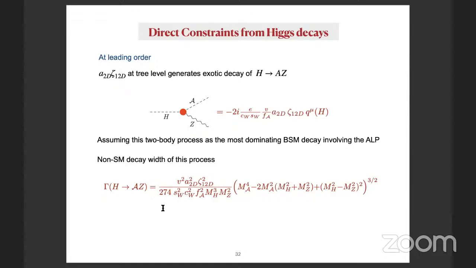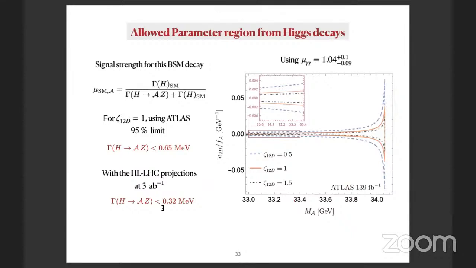We found out the decay width of Higgs to axion Z, and then we considered the most stringent signal strength of Higgs to gamma gamma, and we found the bounds. We got this parameter space for different values of zeta 1 to D, which is the parameter which gives your ALP-Higgs-Z interactions.